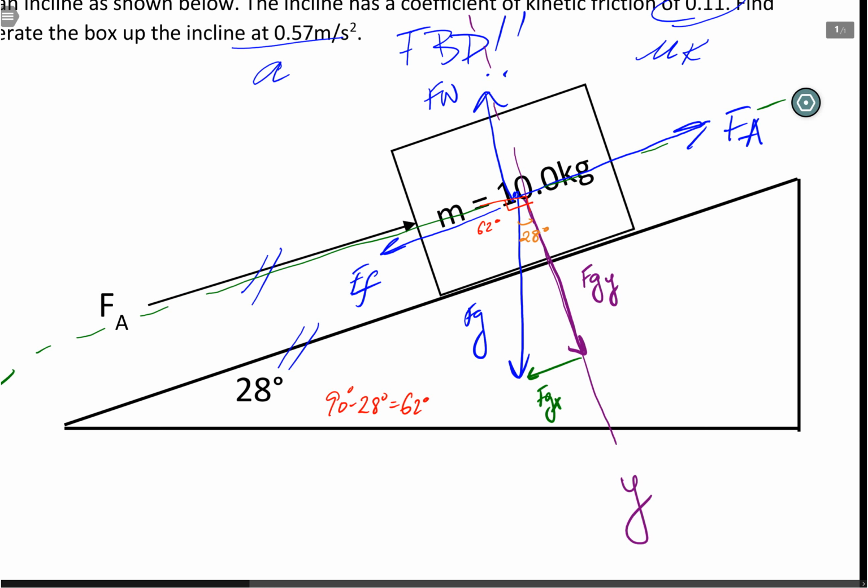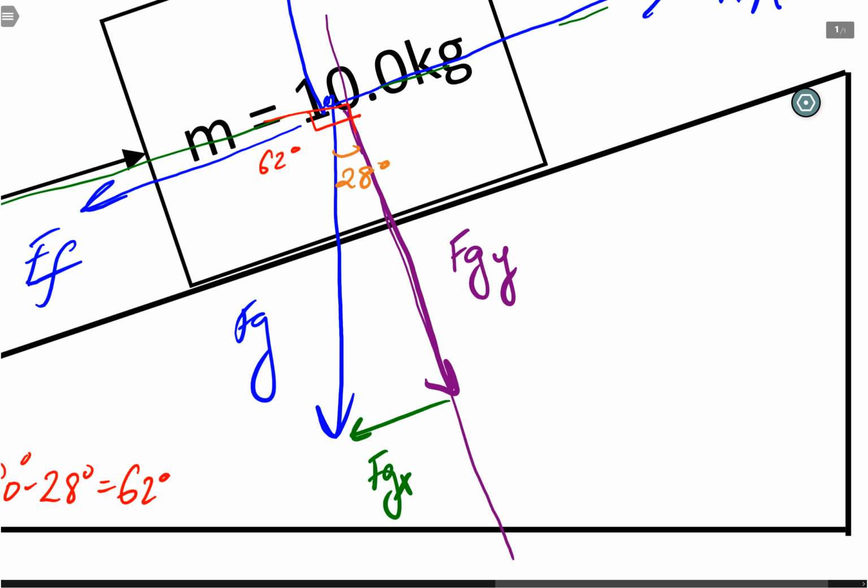If you're stuck on this question, go ahead and try to find out what Fgy is. To figure out Fgy and Fgx, let's use our right triangle. We know that Fgy is our adjacent side relative to our 28 degrees, which means we use cosine 28 equals adjacent over hypotenuse, Fgy over Fg.